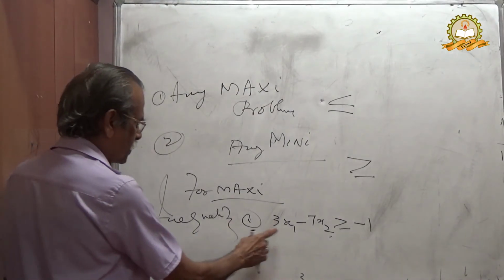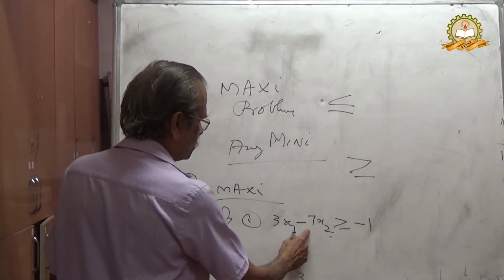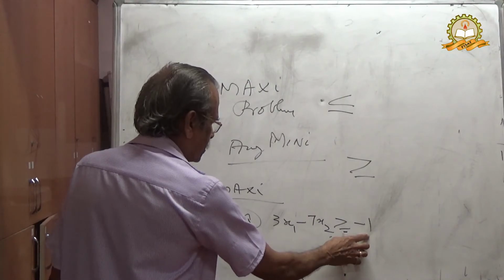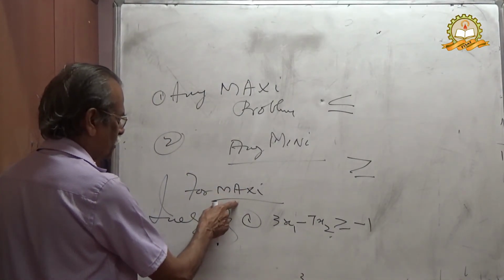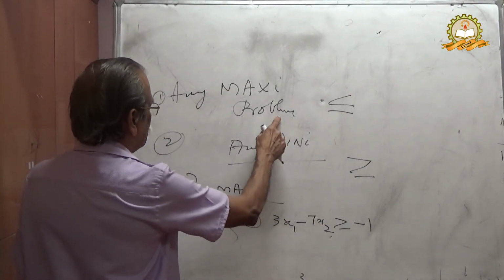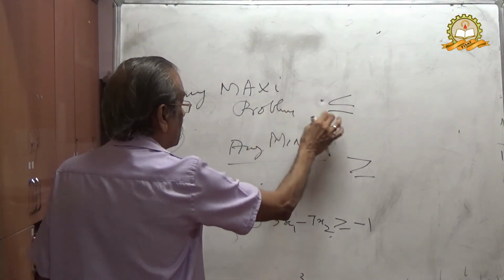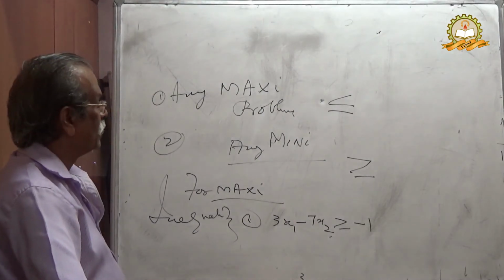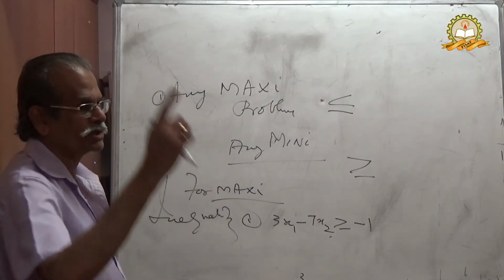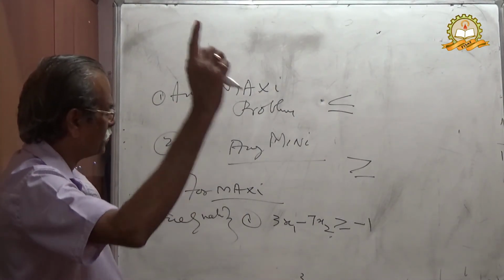Here you can note 3x1 minus 7x2 is greater than or equal to negative 1, and this is a maximization. You know maximization should have only less than or equal to. Maximization less than or equal to, minimization greater than or equal to.